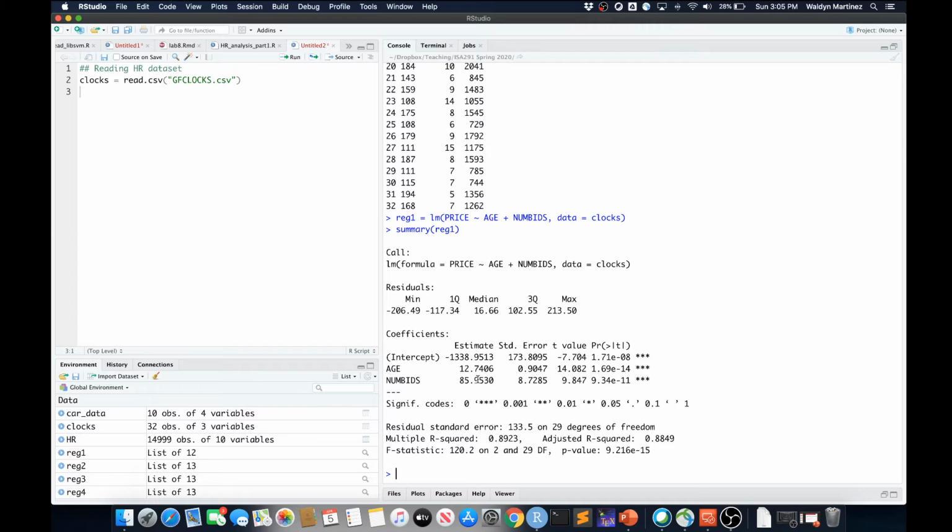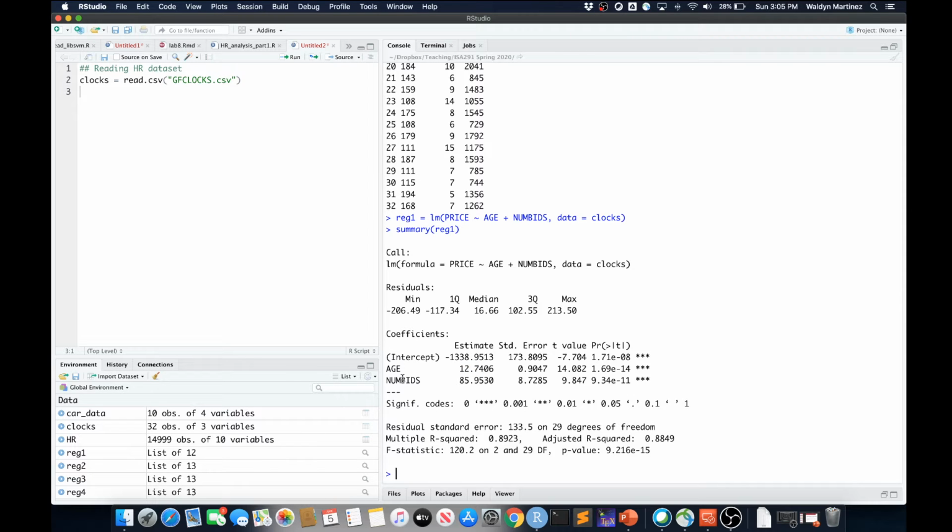The summary shows the effect of age on the expected price: as age increases by 1 year, on average, the expected price increases by about $12.7.